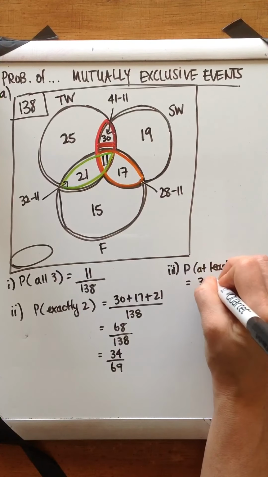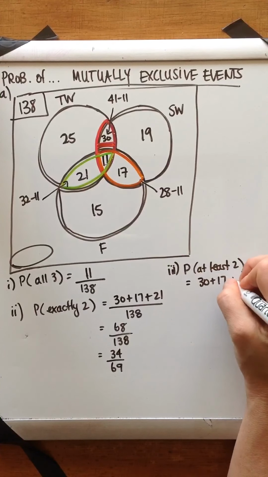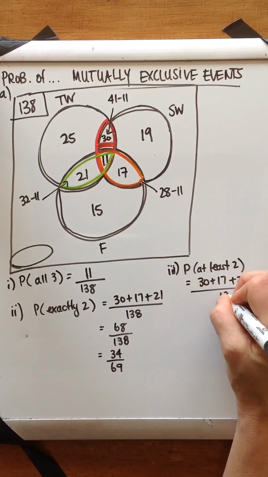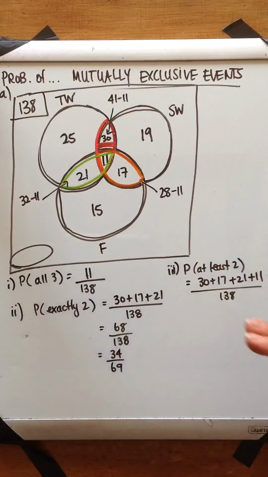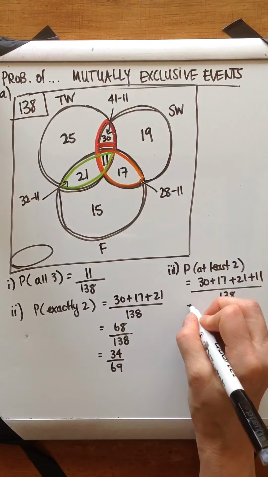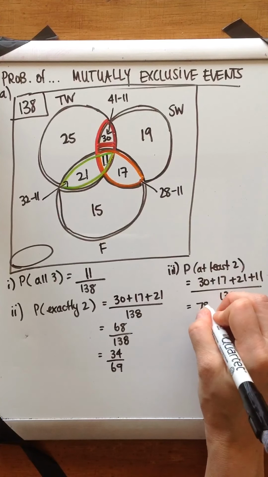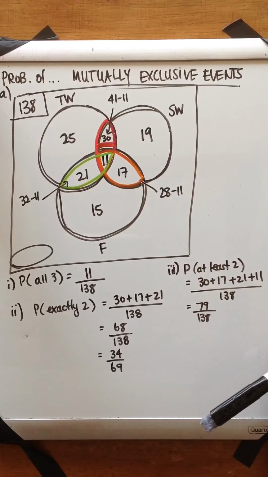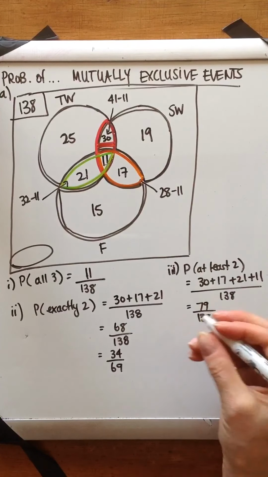So it'd be 30 plus 17 plus 21 plus 11, all divided by 138, because again, it's still out of the total. Okay. When you add all those up, you get 79 out of 138, and there are no common multiples between those 2 numbers, so it is expressed, therefore, in lowest terms.